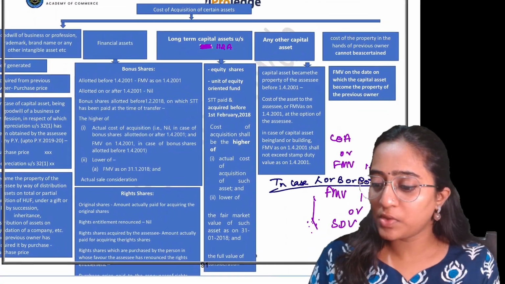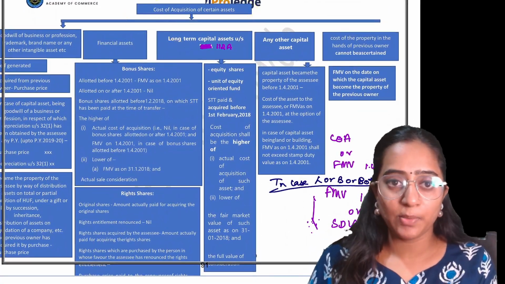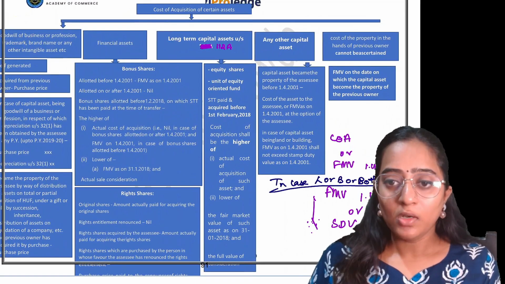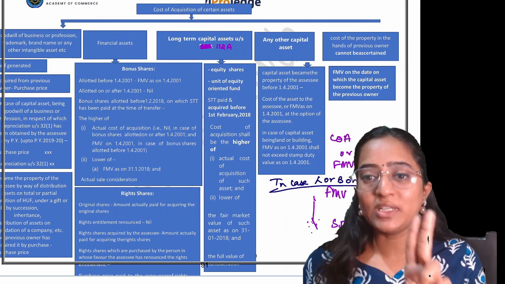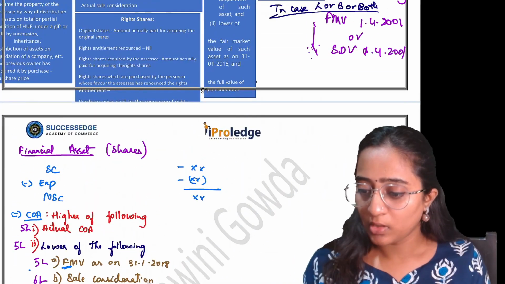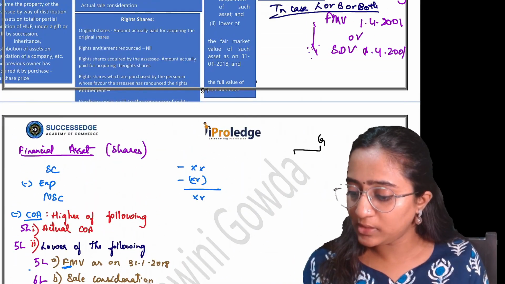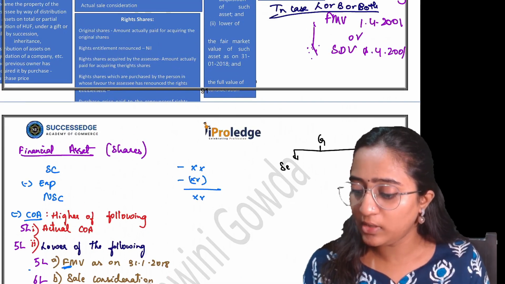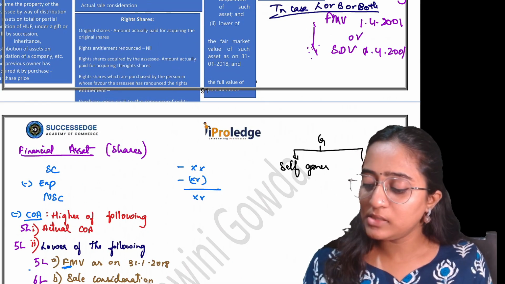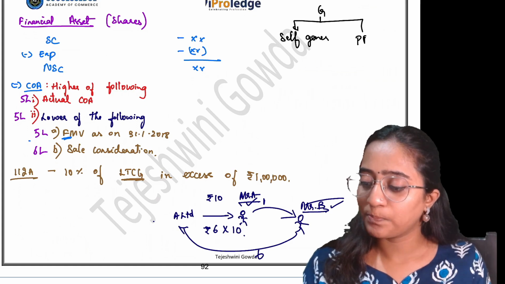Regarding the cost of acquisition of certain assets over the years, people, first comes the concept of goodwill. All of us know goodwill comes in two types: one is self-generated goodwill, and another one is purchased goodwill.